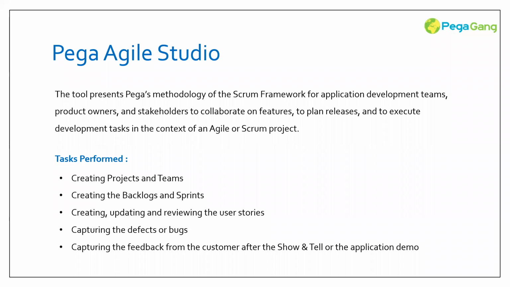And in Pega Agile Studio, we have a facility for populating the business reports, in which we can create a pictorial view of the progress or status of defects or user stories. We can pull those reports out of Pega Agile Studio. So this gives you a complete package of all the project management tools provided by Pega itself.